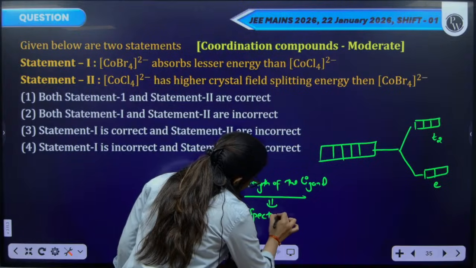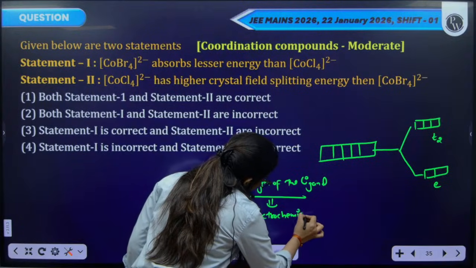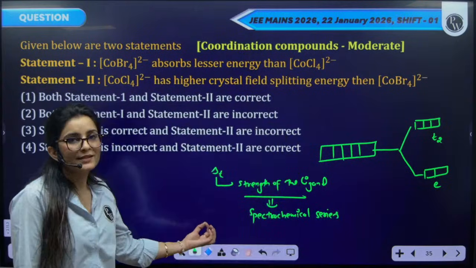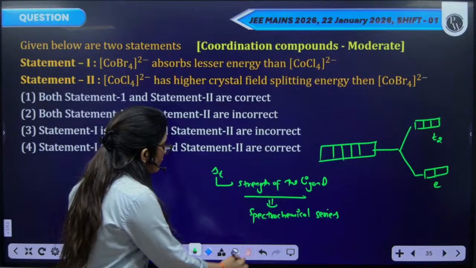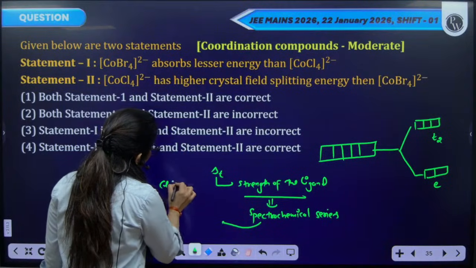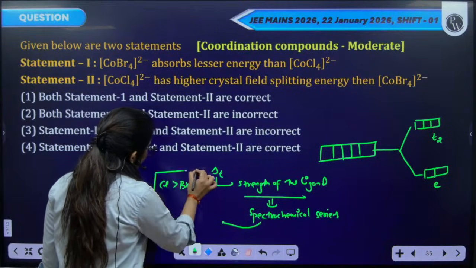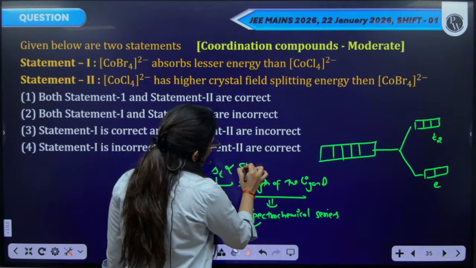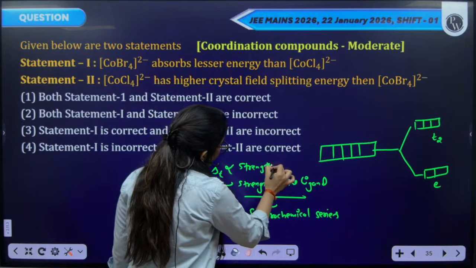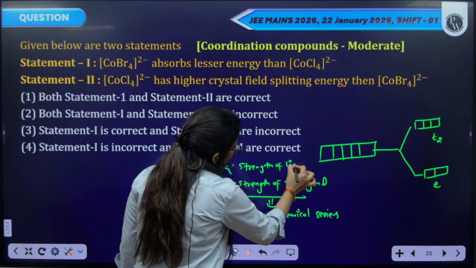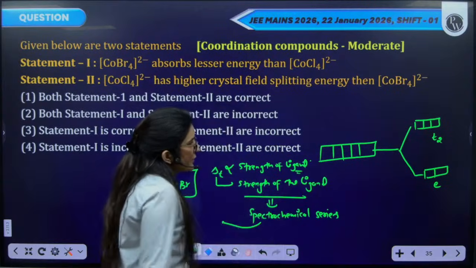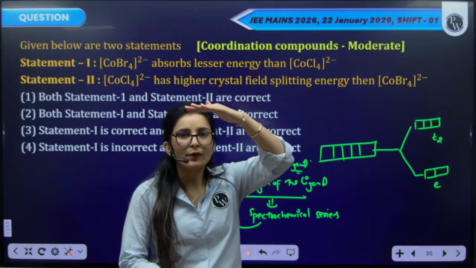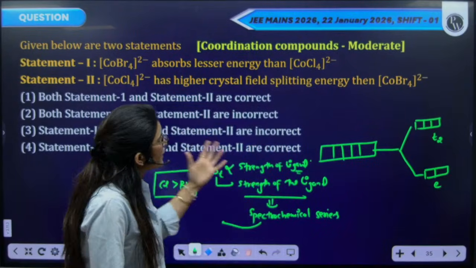Okay, and we have found out in the spectrochemical series, chlorine will behave as a stronger field ligand as compared to bromine, right? And it was found delta T is always directly proportional to the strength of the ligand. Okay, so the more the strength of the ligand, the more the splitting energy. Okay, means in case of chlorine, this gap of energy between T2 and E will be greater as compared to the case of bromine.